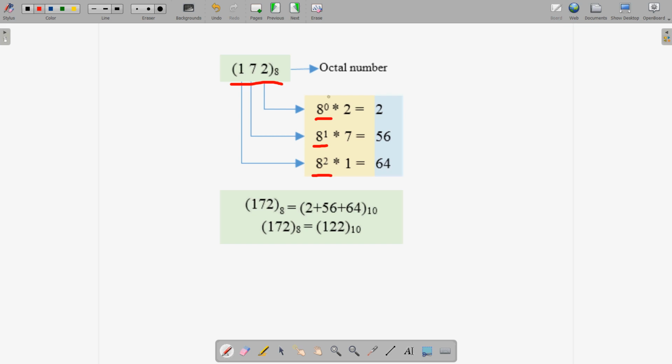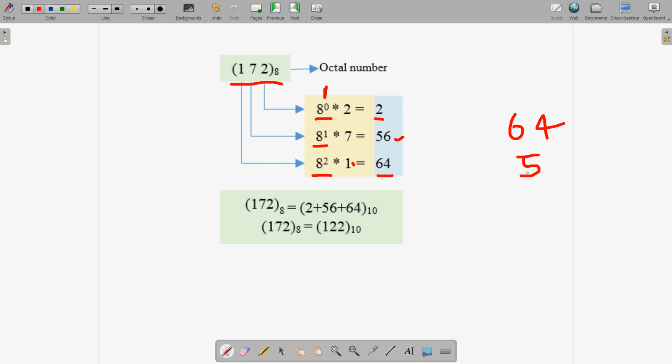So 8 power 0, the value will be 1. Any number raised to the power 0 is 1. So 1 into 2 is 2. Then 8 power 1, that is 8. 8 into 7, 8 sevens are 56. Then 8 power 2, that is 8 eights are 64. 64 multiplied by 1 is 64. Now what we have to do? We have to add this 64, 56 and 2.